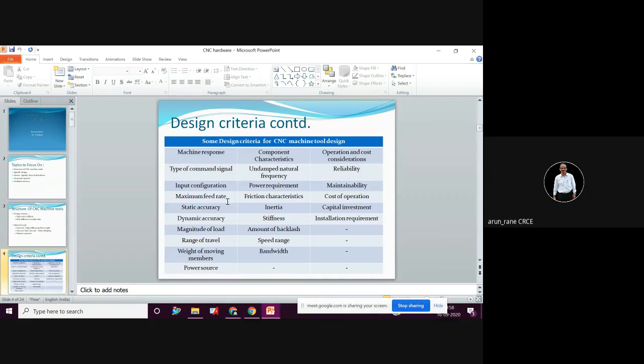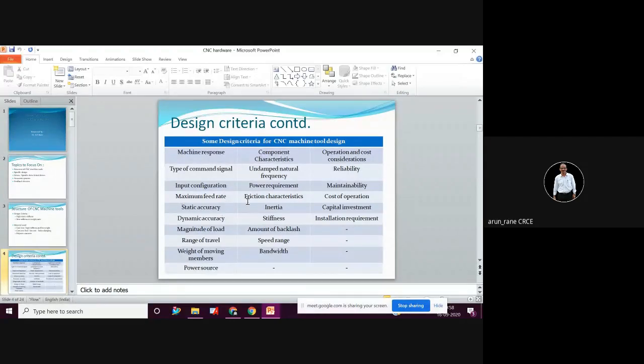Instead of that, what is the philosophy we are talking about? Take 5 kg or 10 kg, 5 times, but move fast. So that is not a threat to your life. Understand? The same thing happens. If you are applying heavy load, the spindle gets damaged. With small cuts, there is no load on the machine, so the machine accuracy and machine life increase.